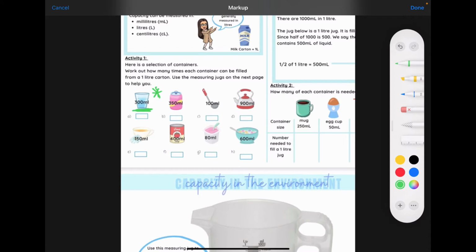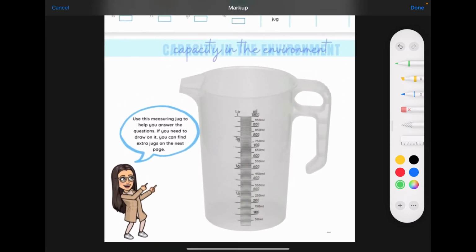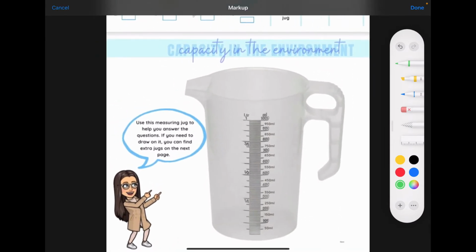So we need to figure out how many times we can fill it using this 1 litre jug of water. So we're imagining that this jug has been filled to the 1 litre, or the 1,000 mil mark, with water. And we are going to see how many times can we use this to fill that cup?